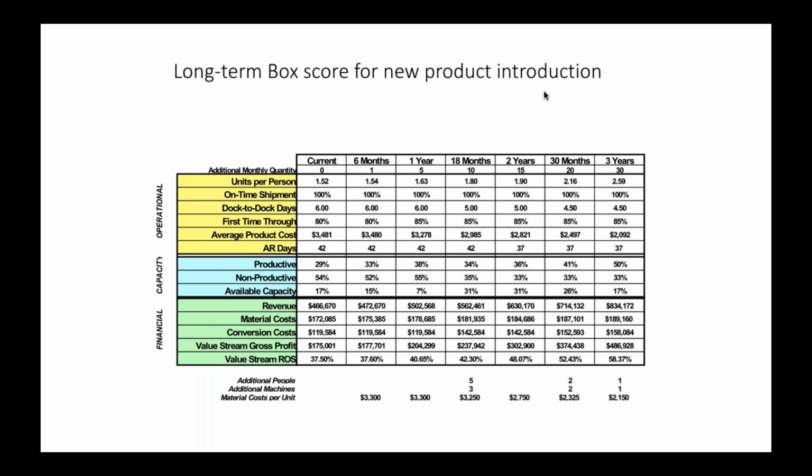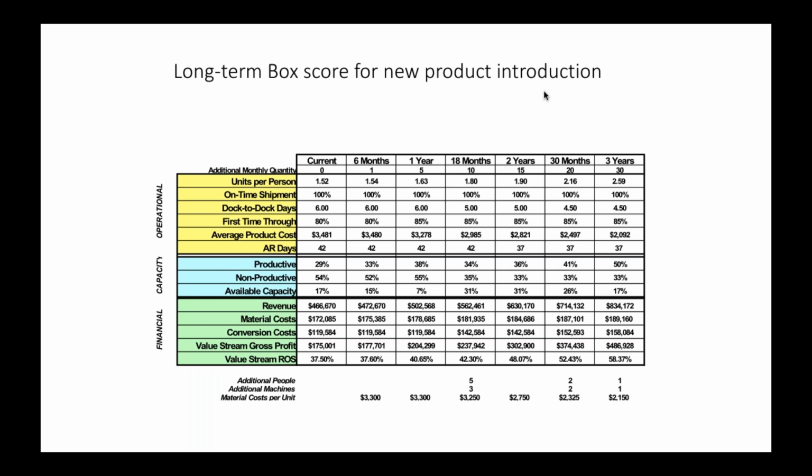And the additional monthly quantity you can see on the second row. If you look at about the 1-year standpoint, when they get down to 7% capacity, they realize they have to invest in people and machines soon after that in order to meet the demand. Then you can see as they see the demand going up, they start investing more frequently to maintain that level of capacity.